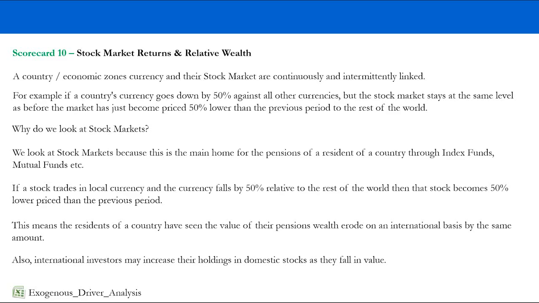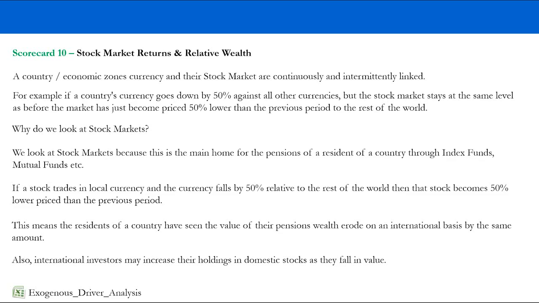So for example, if a country's currency goes down by 50% against all other currencies in the world, but their stock market stays at the same level as before, then their stock market has just become priced 50% lower to the rest of the world versus the previous period. So why do we even look at stock markets in the first place? Why are stock markets important to our analysis?